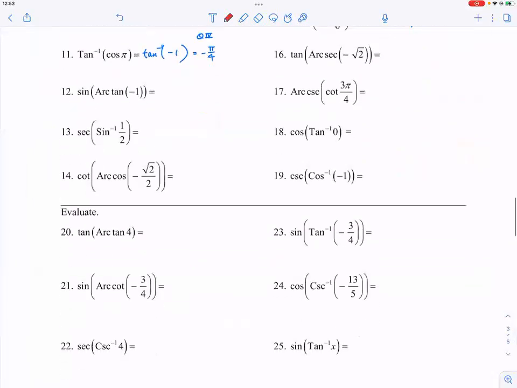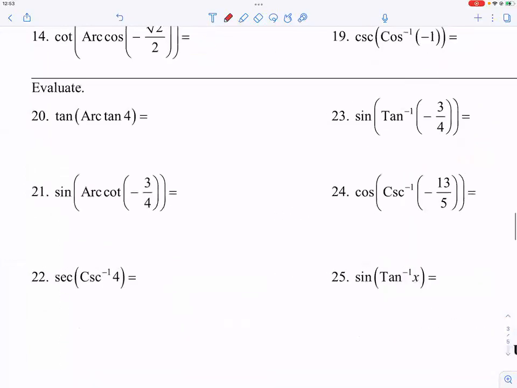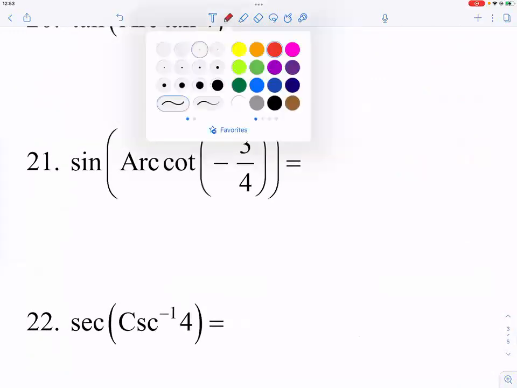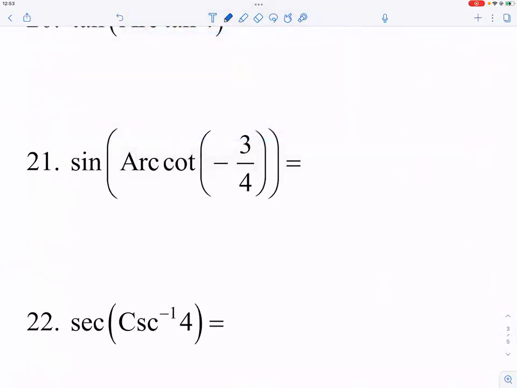Okay? And then for the bottom part, make sure you write out the quadrant. Like for number 21, arc cotangent of -3/4. With this negative, that tells you this angle is in quadrant 2. And sine of an angle in quadrant 2 is going to be positive, so don't worry.